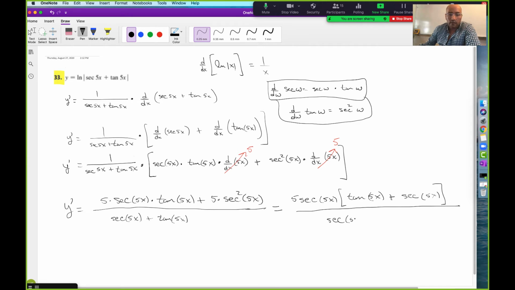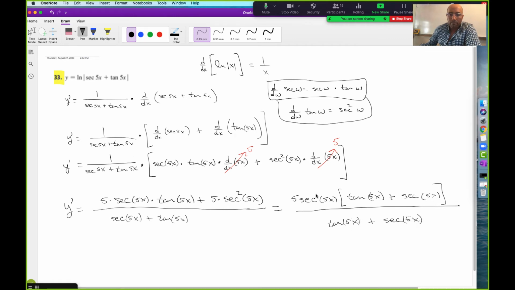secant 5x. Wait, there's an addition, right? So it doesn't really matter in what order I write them. So if you don't mind, I'm just going to switch it around to make it look prettier. I'm just going to switch these two and write it as a tangent of 5x plus a secant of 5x.